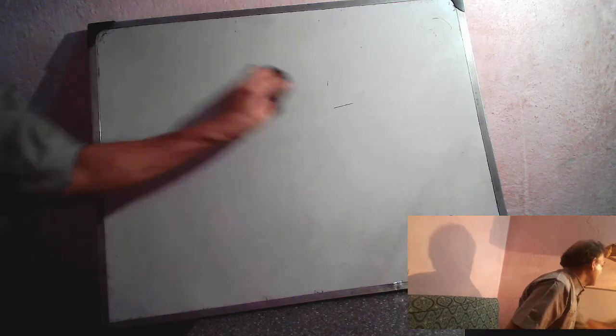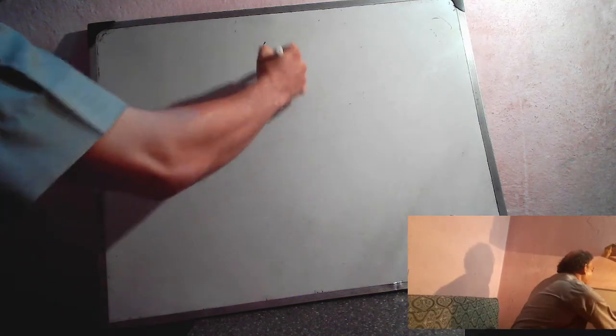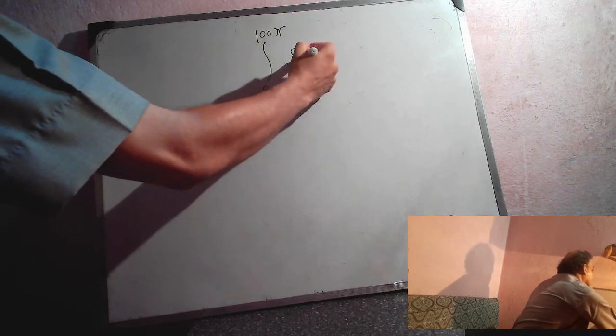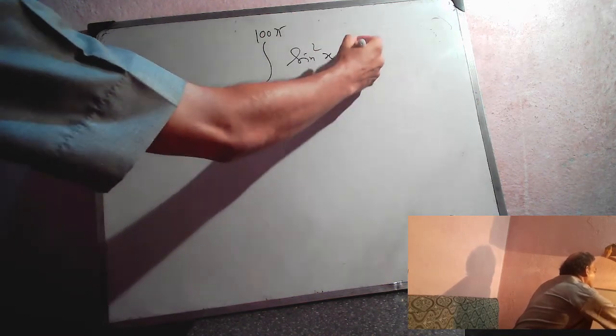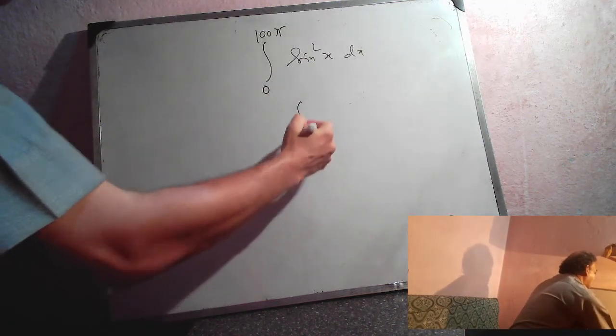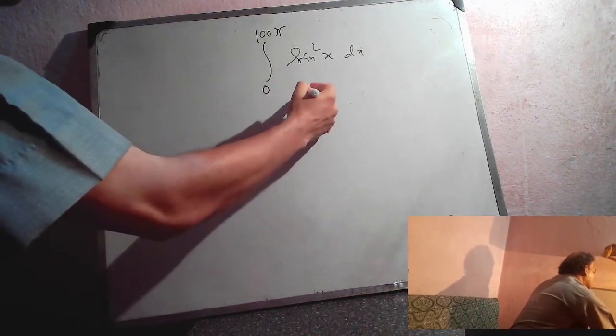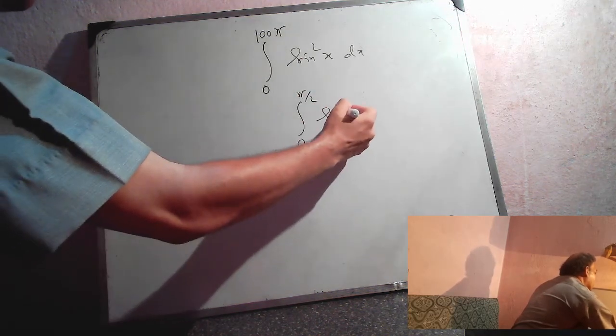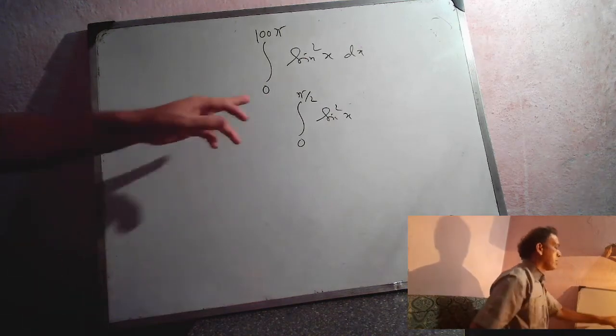Now what will be the value of integral 0 to 100 pi sin square x? I mentioned earlier that this technique is applicable when the limit is 0 to pi by 2. Otherwise, we can't apply this technique.